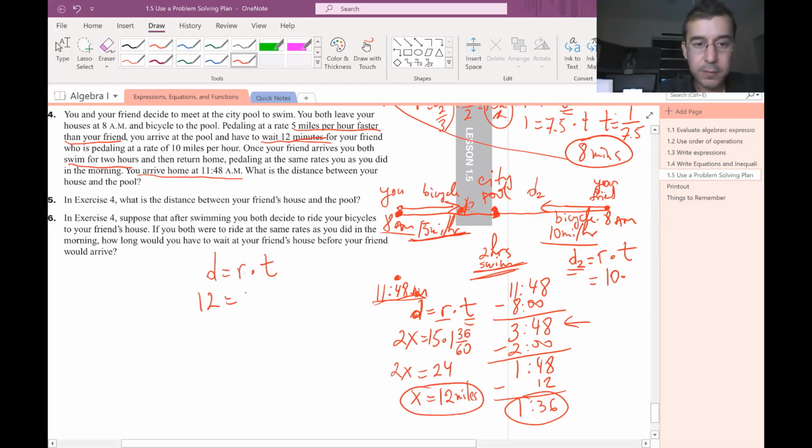The rate is 15 times T, or T is 12 over 15. You divide by 3. It's what? 4 over 5? 4/5. And that's what? 4 divided by 5. That's 0.8.